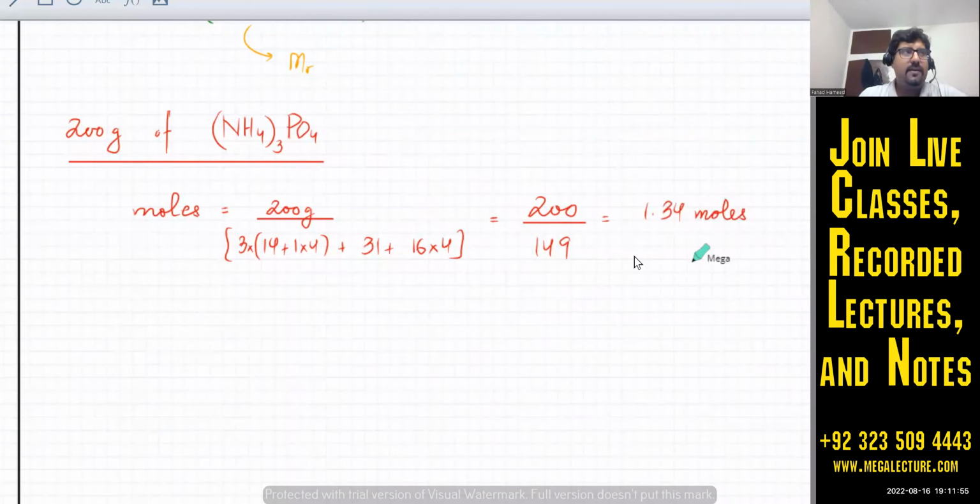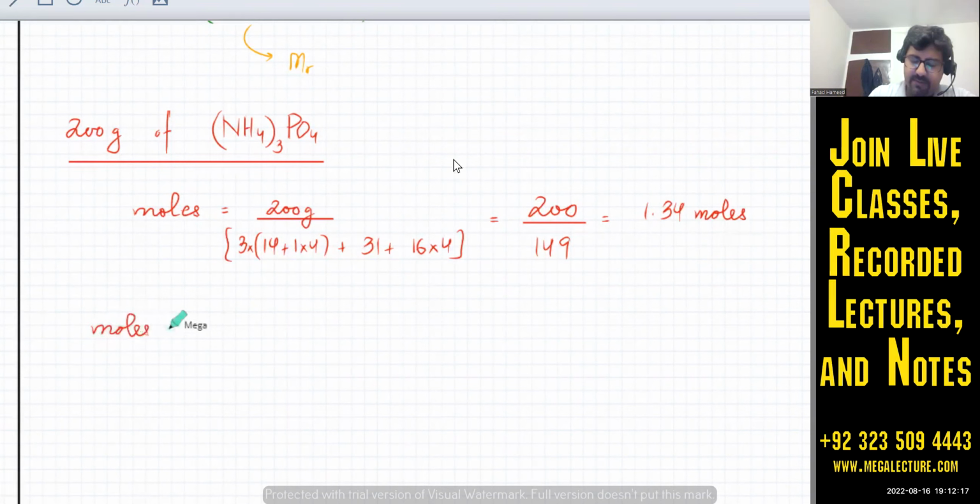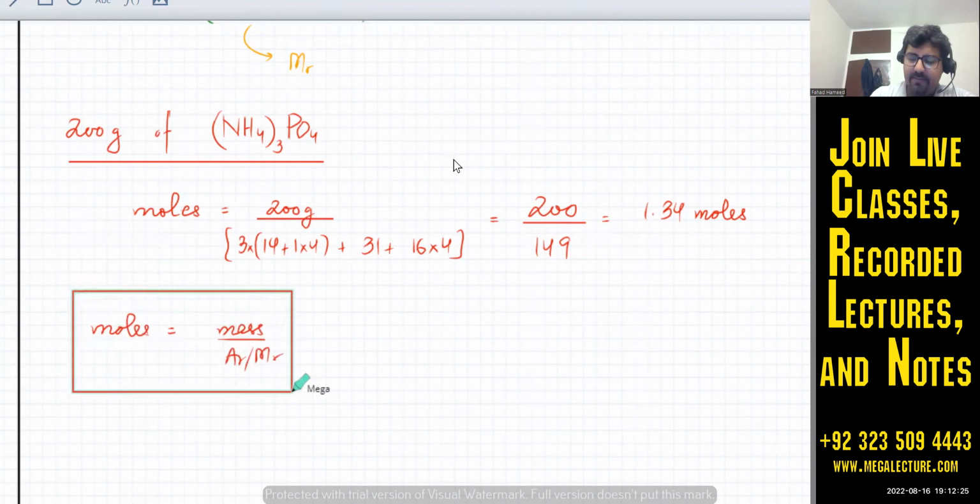So you've got all these formulas, and remember the formula works both ways. If you're given the mass, you can find moles, but if you're given the moles, you can also find mass. Moles is equal to mass divided by AR or MR. Any two things known, the third can be found out.